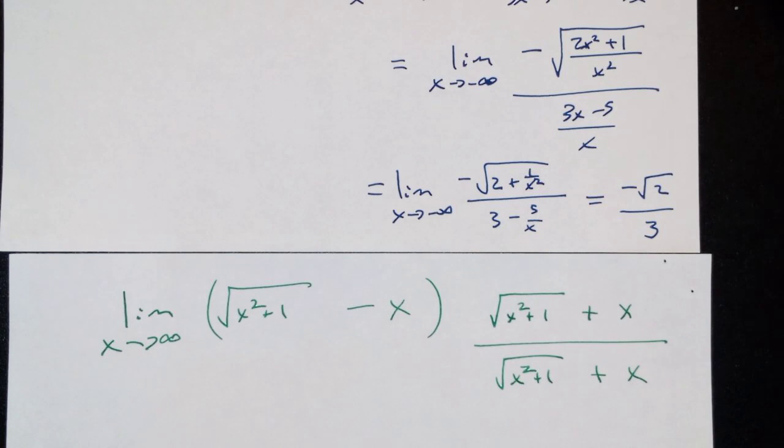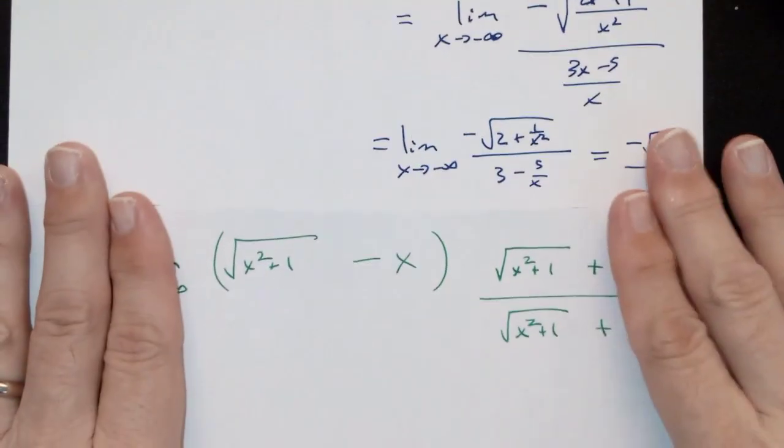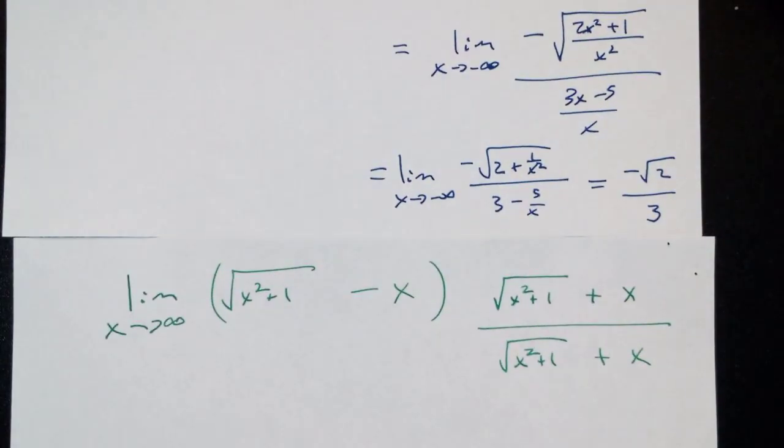Notice it's just like that expression, but I changed the minus in the middle to a plus. This is called the conjugate expression. Comes from my factoring ideas. I have a minus b times a plus b. That's a squared minus b squared. When you multiply this out, some really nice stuff cancels in the numerator. And the resulting limit is one I can actually do.